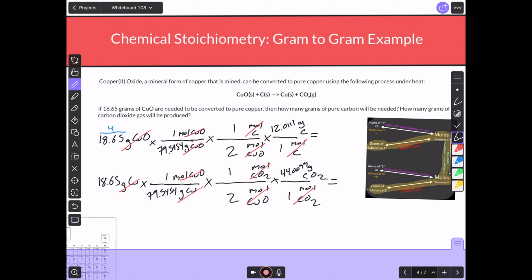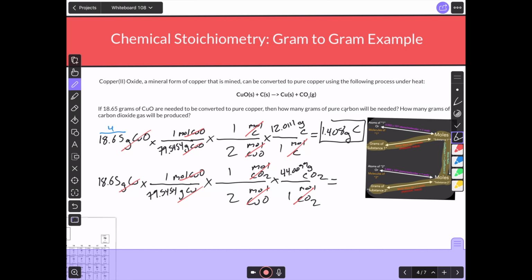So, do the math for the top one. 18.65 divided by 79.5454 divided by 2 times 12.0111. Now we want this to 4 sig figs. So this is going to be 1.408 grams of carbon.